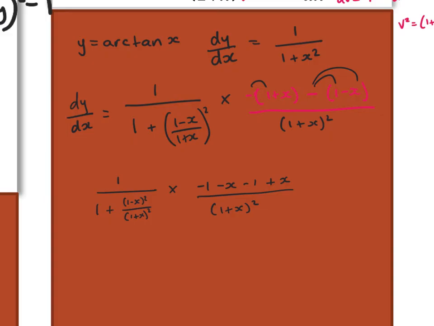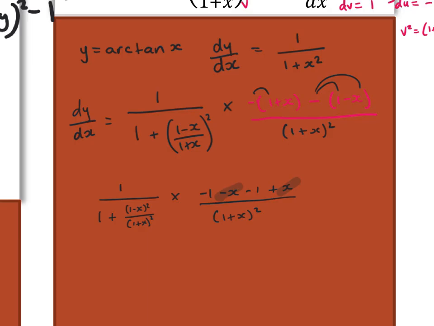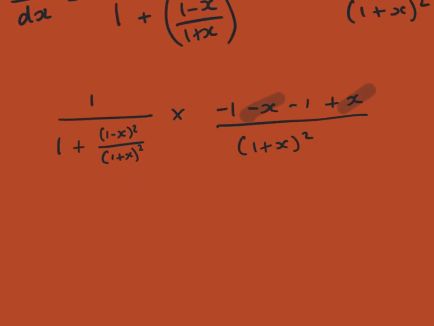So first of all, what do I notice? I notice that my x's are going to cancel. So this is actually going to give me minus 2. So on my left-hand side, I have minus 2 over 1 plus x squared.